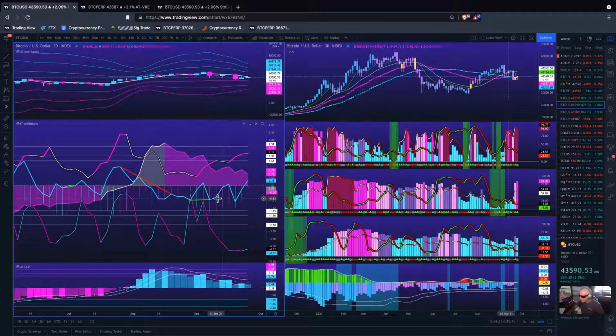Let's see here. Yeah, there's a little hidden bear, a little hidden bear on the 3-day too. We get a 3-day tomorrow. So tomorrow we get a 2-day and a 3-day.